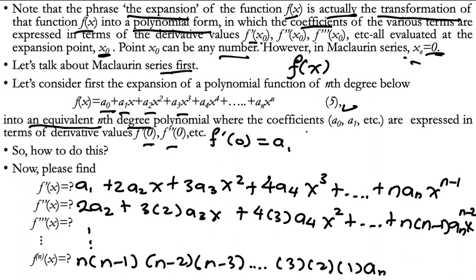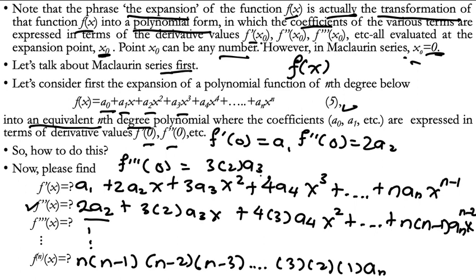Then we have f double prime 0 equals 2a2, because for the second one x becomes 0 and we are left with this coefficient. And so on and so forth. f triple prime 0 equals 3 times 2 a3, and so on.